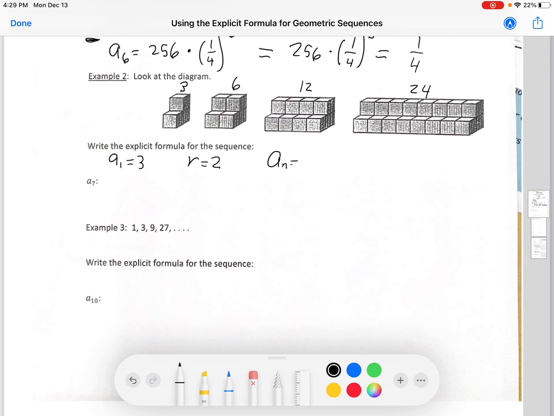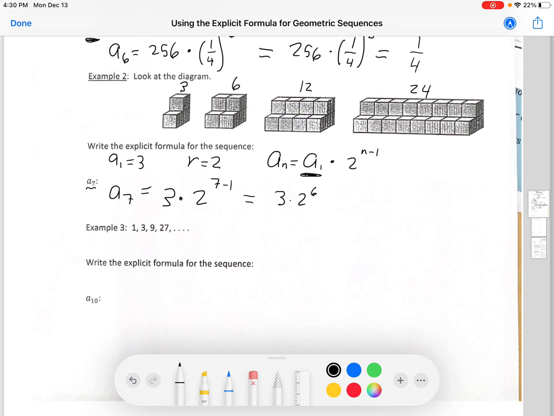A sub n is equal to our first term times our common ratio to the n minus 1. We plug in our numbers here. We're going to get A7 is equal to, I forgot to put in our first term here. In this case, our first term is 3. 3 times 2 to the 7 minus 1, which will be 3 times 2 to the 6th power.